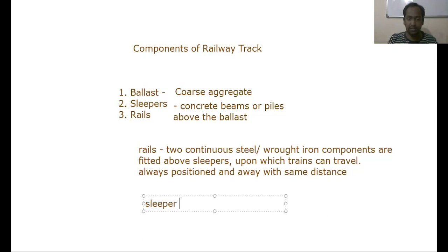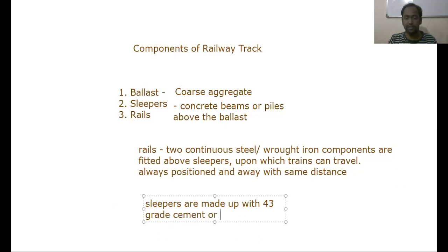Sleepers are made up of 43 grade cement or 53 grade cement. When we use 43 grade for a sleeper, that cement is called 43 grade, and in case of using 53 grade cement for a sleeper, we say that it is 53 grade.